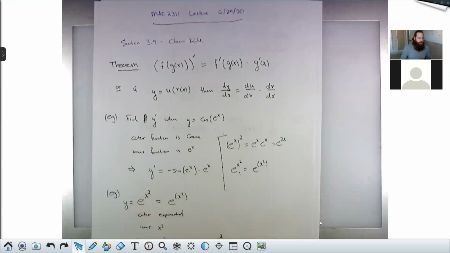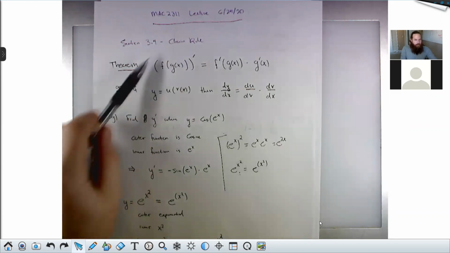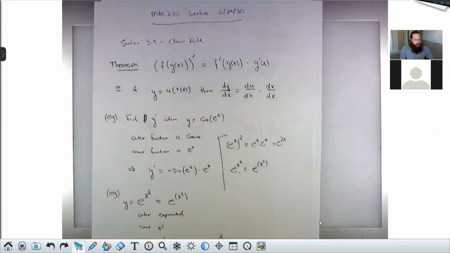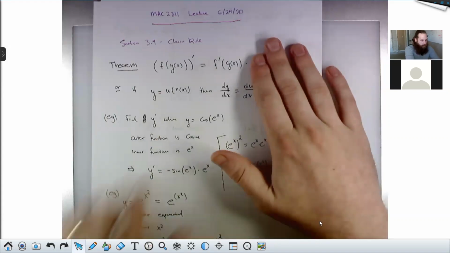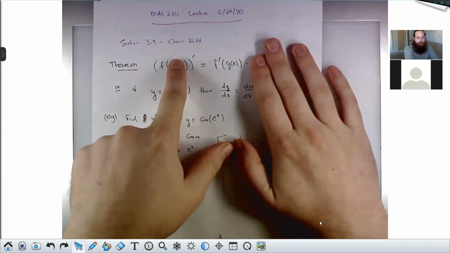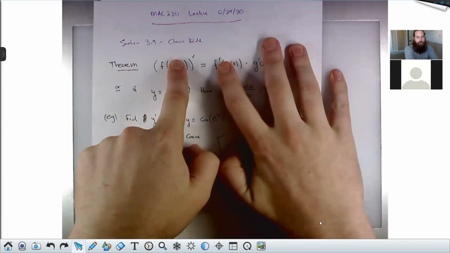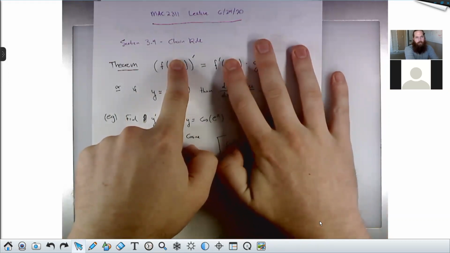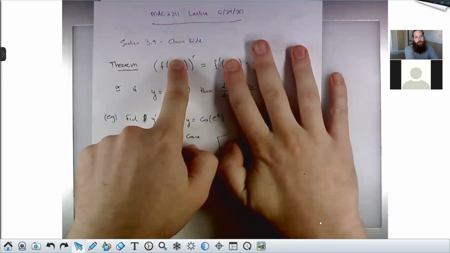The statement of the chain rule says, if you want to differentiate a composite function, that's like a function within a function, so you've got an outer and an inner. You differentiate the outer function, leaving the inside guy alone, and then you multiply by the derivative of the inside guy. So in other words, if I want to differentiate f of some stuff, normally that would just be f prime of x, right?